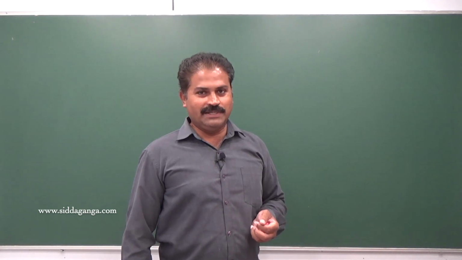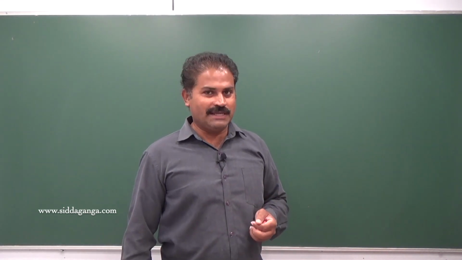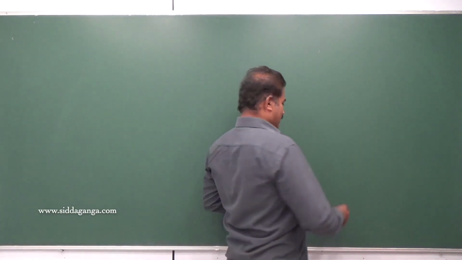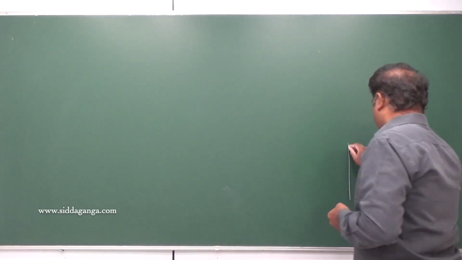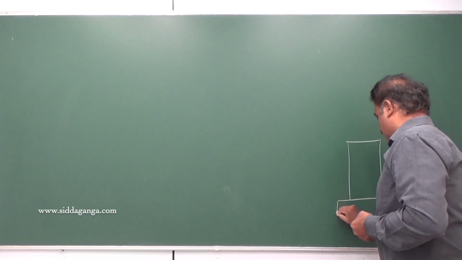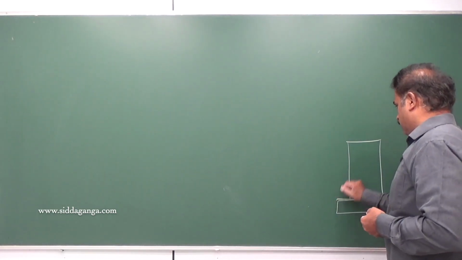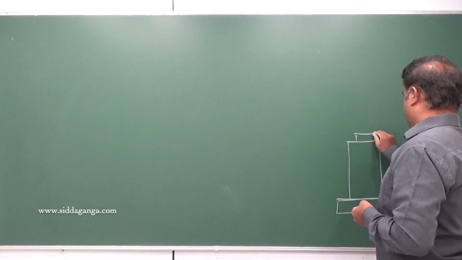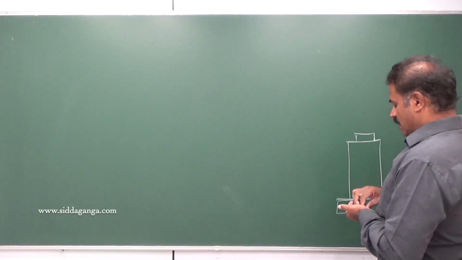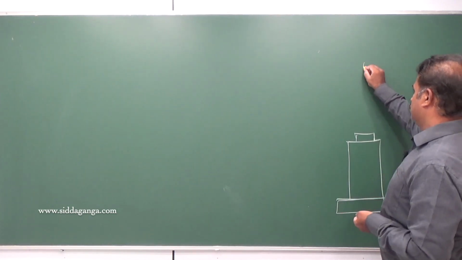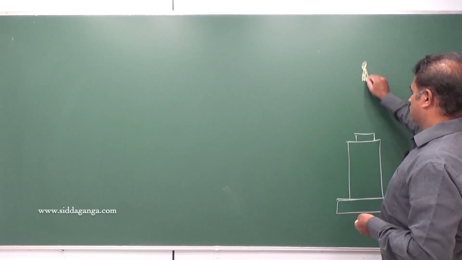What is a pedestal? A pedestal is a platform on which usually statues are erected. So here is a pedestal, and upon that you have a statue.